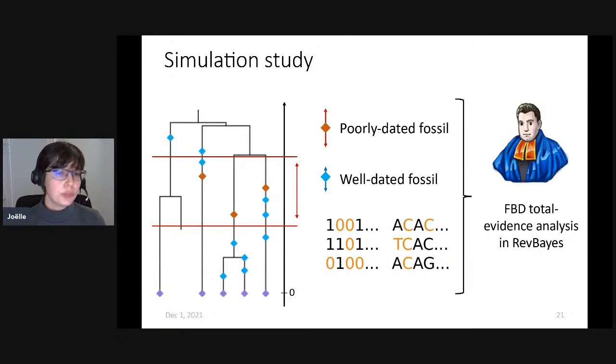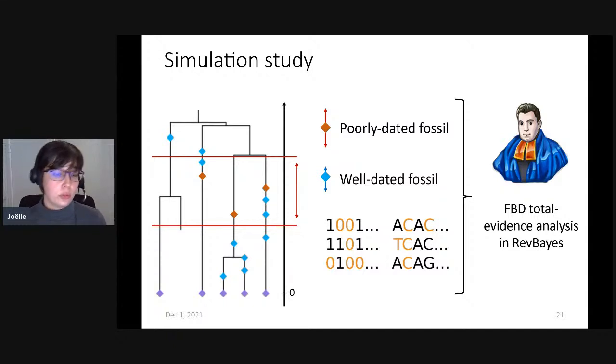And so again, we simulated trees, and in those trees, we picked a range for what we called our poorly dated deposit, which was comparable to the Baltic amber deposit. So we fixed that to the 30 to 50 million years range. And within that age range, some of the fossils were part of the badly dated deposit. So we didn't know anything about their age except for that full range of 30 to 50.